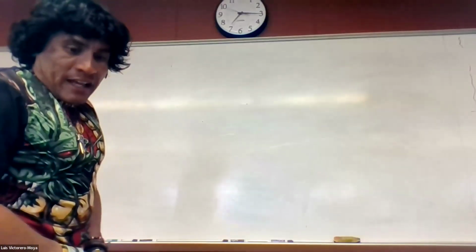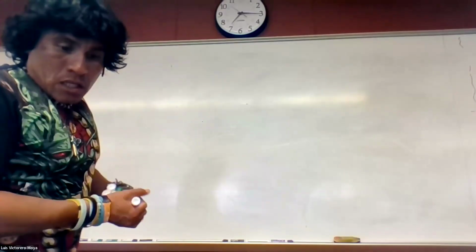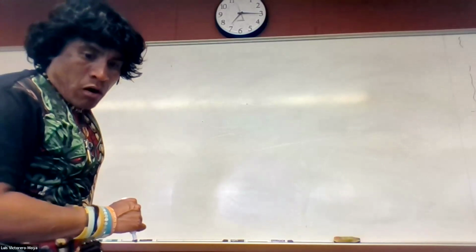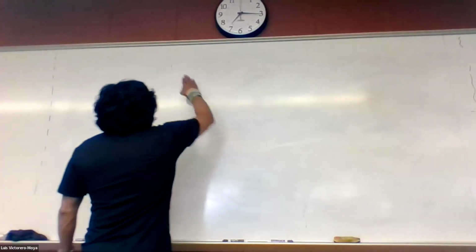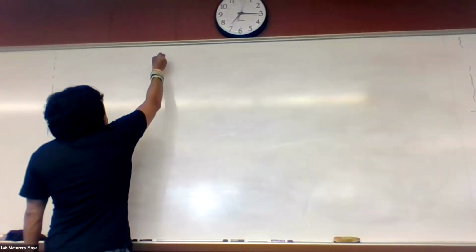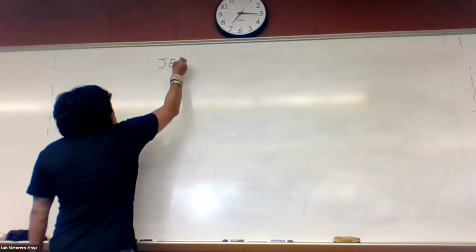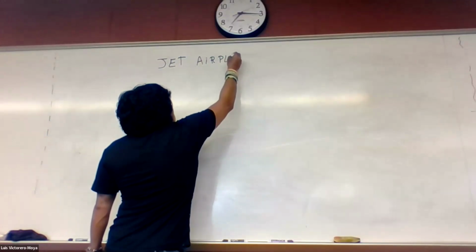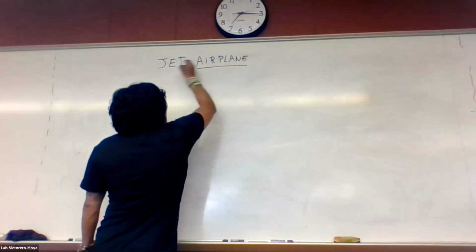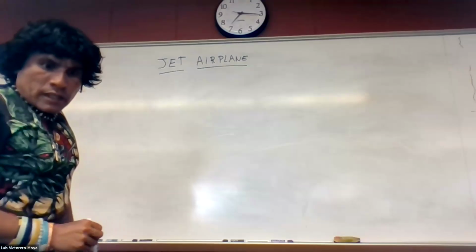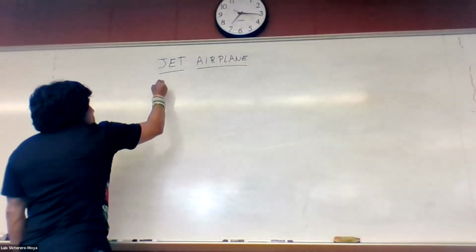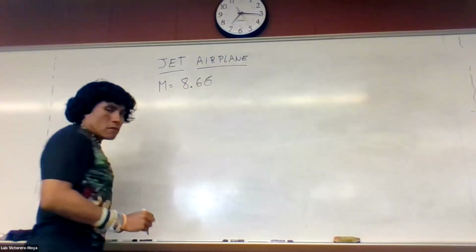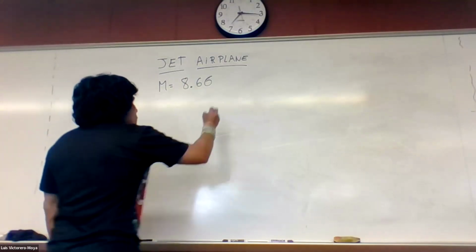A jet airplane in level flight has a mass of 8.66 times 10 to the 4 kilograms.